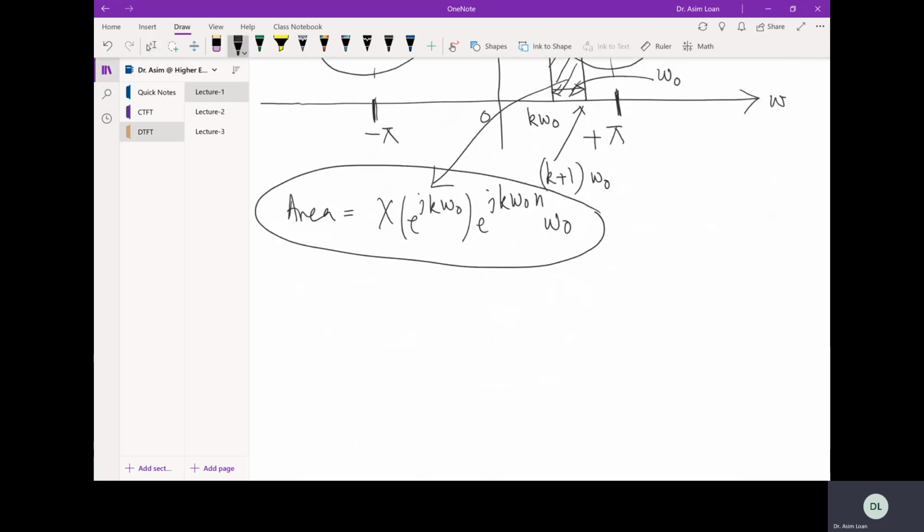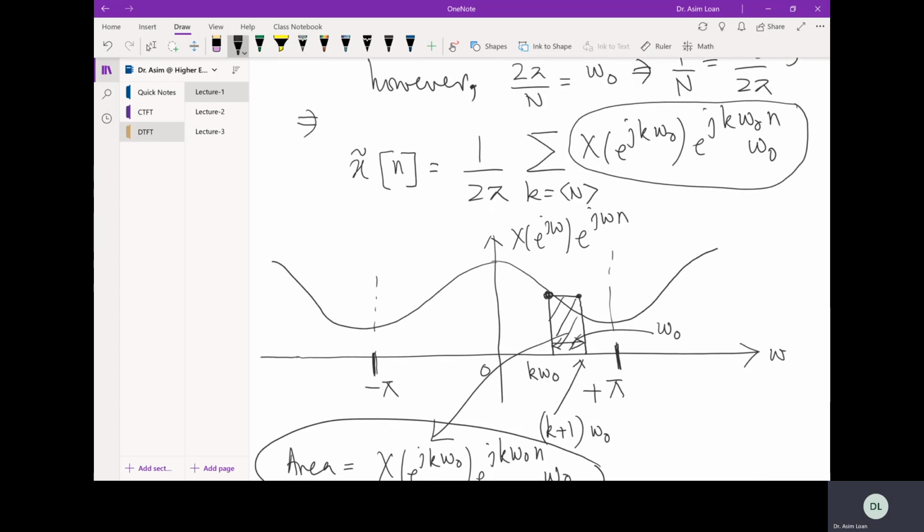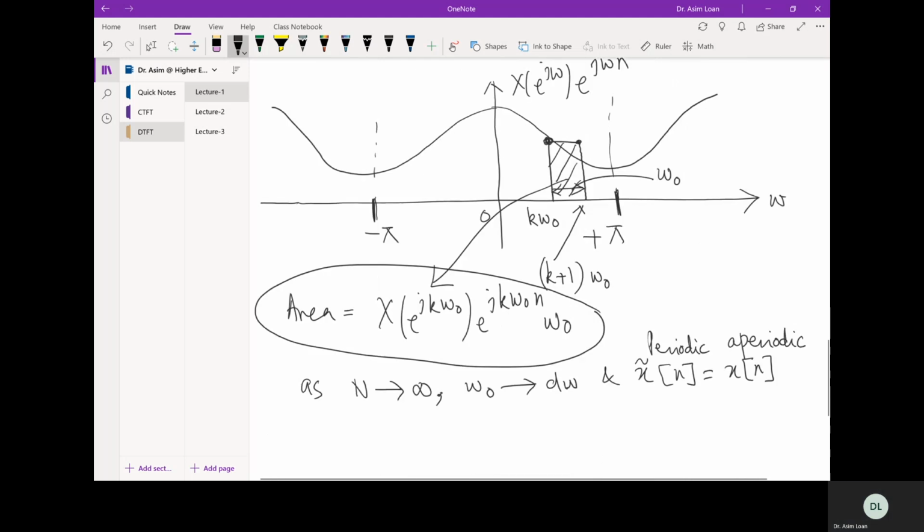So as n tends to infinity, omega naught goes to d omega, and x tilde of n becomes x of n. This is periodic, this is aperiodic. There are n of these.